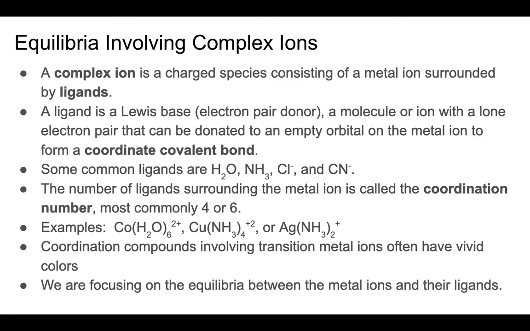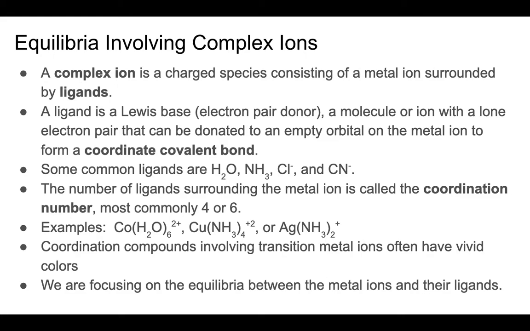So these molecules or ions like water or ammonia can use their unshared pairs to form covalent bonds with these metal ions. It's called a coordinate covalent bond. So some common ligands are water, ammonia, as we saw previously. Chloride can be a ligand. Cyanide can be a ligand, just anything with an unshared pair of electrons.